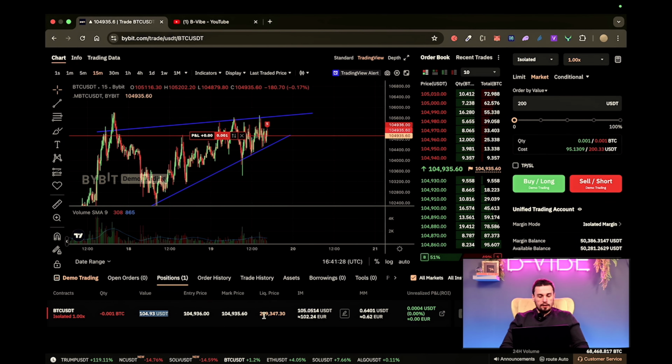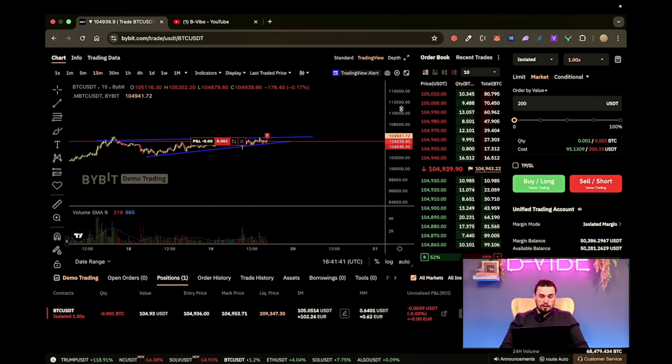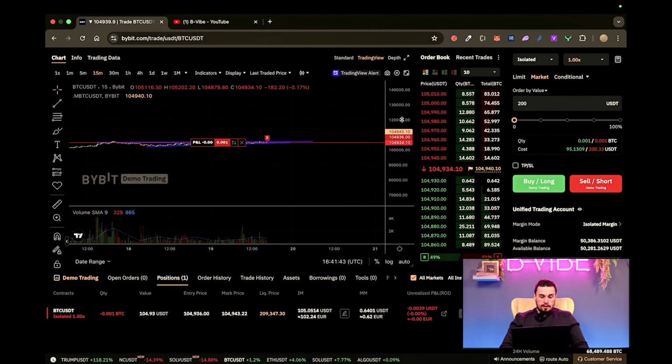Here we have the liquidation price. The liquidation price is 209,000. You can see here, if I zoom out, it's basically double the current value.